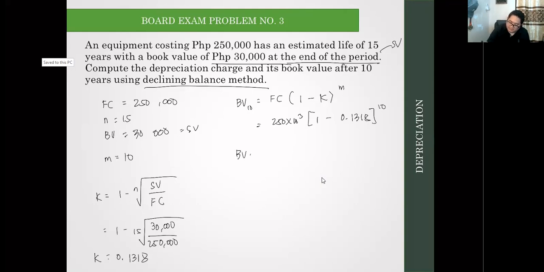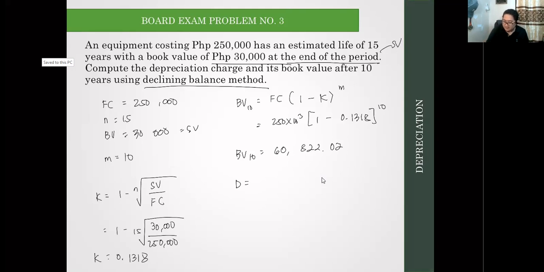So, book value natin in 10 years is 250,000 times 1 minus answer raised to 10. That is 60,822.02. Ito yung book value pero ang hinahanap is depreciation charge. So, depreciation charge natin is equal sa kung ano yung book value niya.